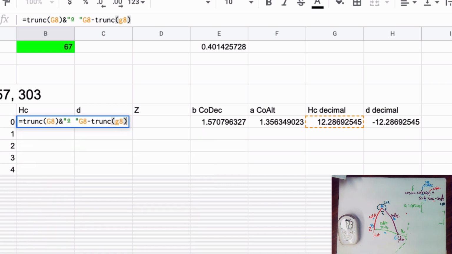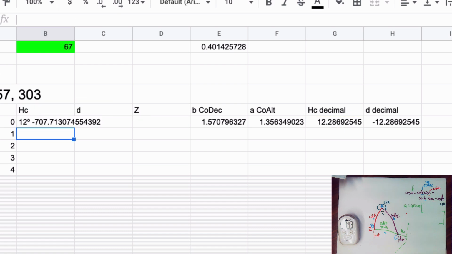So we're going to take the original value and we're going to subtract the truncated value. And what this is going to give us is, I forgot the ampersand here. This is going to give us just the decimal, but I don't want the decimal. I want this to be converted into minutes. So we have to multiply this times 60.